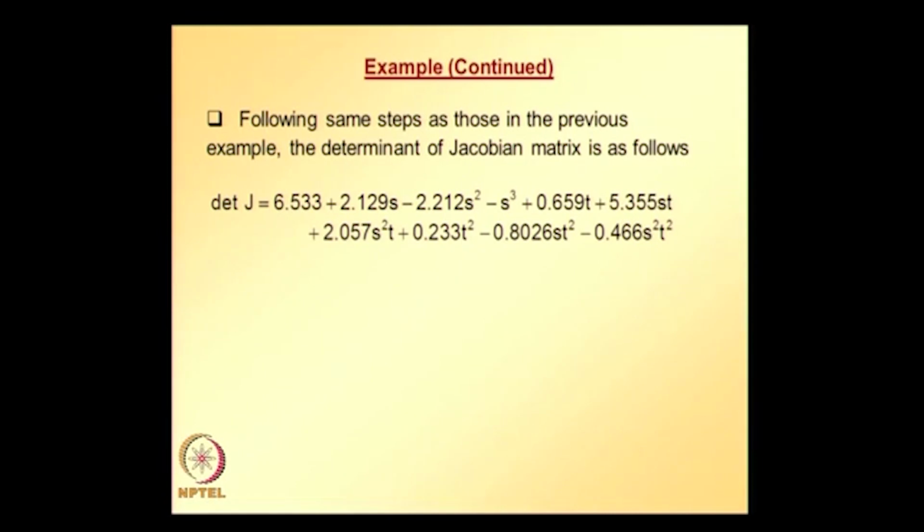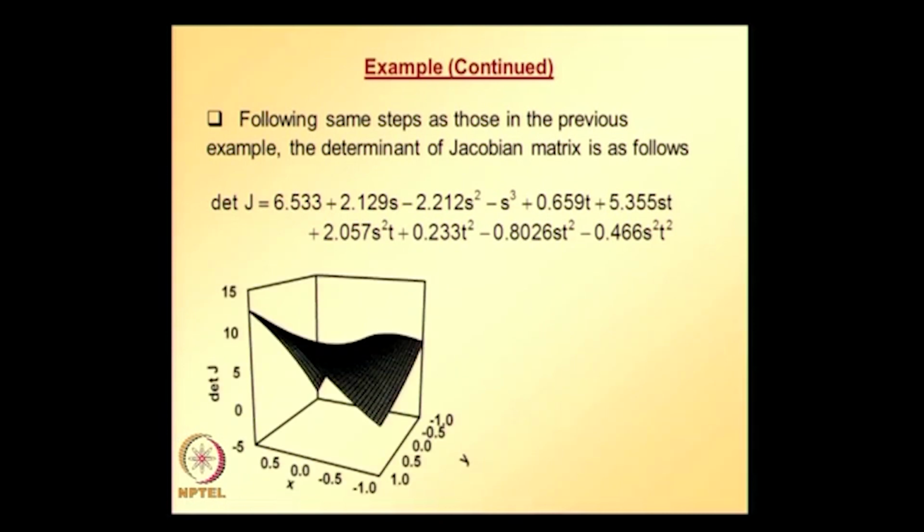Same procedure: we need to plot this determinant of J with s going from -1 to 1, t going from -1 to 1, or we can plot x y, because we already know x y in terms of s and t, with s going from -1 to 1, t going from -1 to 1. So, the determinant of J plot looks like this.